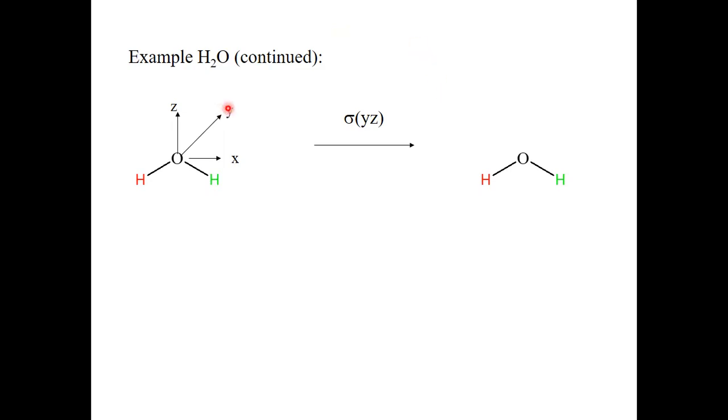Because the y-axis is part of the yz plane. It stays the same, and for the same reason, the z coordinate also stays the same. So this means that y and z just stay what they are, but x changes its direction. You can also say the x coordinate changed its algebraic sign.